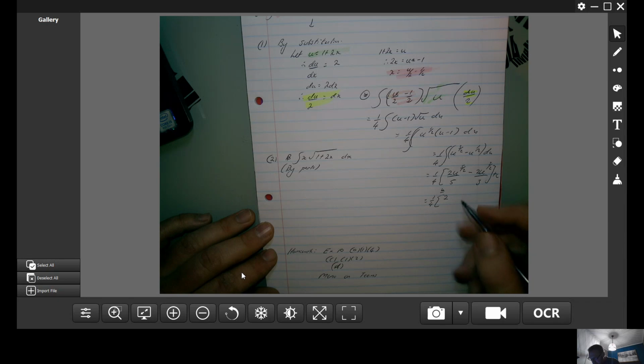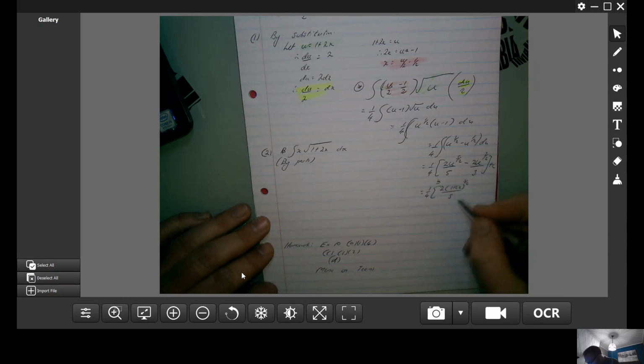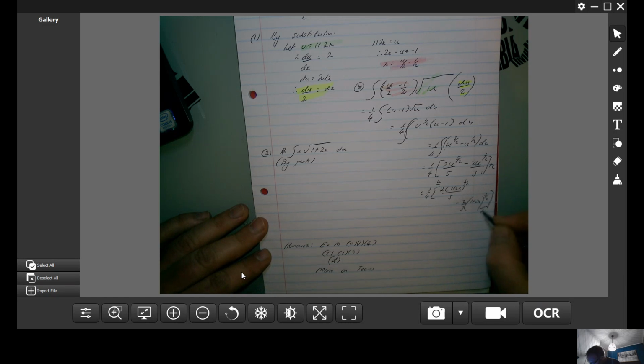U is 1 plus 2x, so 1 plus 2x to the 5 over 2 divided by 5, minus 2 over 3, 1 plus 2x to the 3 over 2, plus a constant. So there's your final answer. It should all be in a big bracket. Constant goes outside the bracket. So your final answer is a quarter times 2 over 5, 1 plus 2x to the 5 over 2, minus 2 over 3, 1 plus 2x to the 3 over 2, plus a constant.